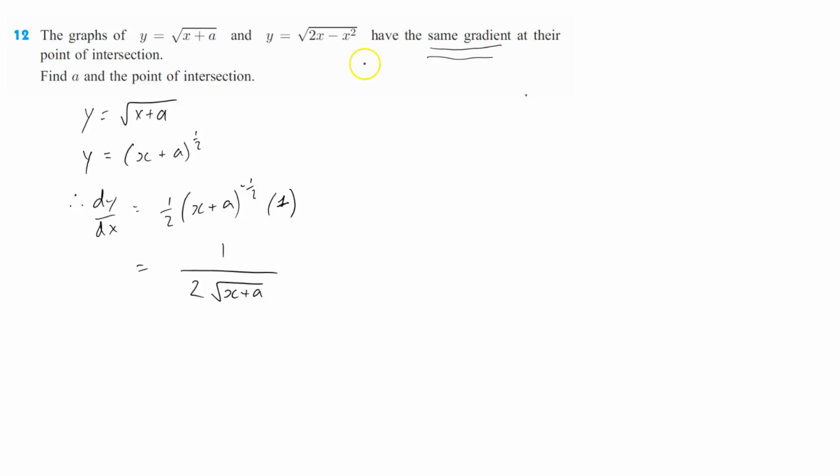What about my other function? Let's try and keep them clear here. I'll try a different color maybe. So here I have y equals the square root of 2x take x squared. I want to go ahead and write that with an index to make it a little bit easier for me. It's the power of 1/2.